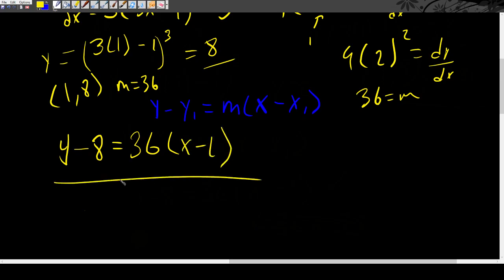This is a right answer. You do not need to turn it over and make it into y equals. You could write this on any exam that you will ever take for calculus, and you will get this right. Any math exam, I would argue, unless it says put it in y equals or y equals mx plus b form, I would just leave it like this.